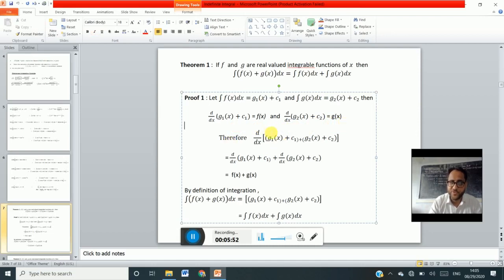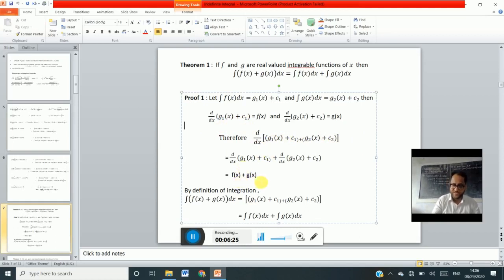Then if we add these two, what do we get? The derivative of the sum, according to the separation rule, is the derivative of the first plus the derivative of the second term. The first term is nothing but f of x, and the second term is g of x.